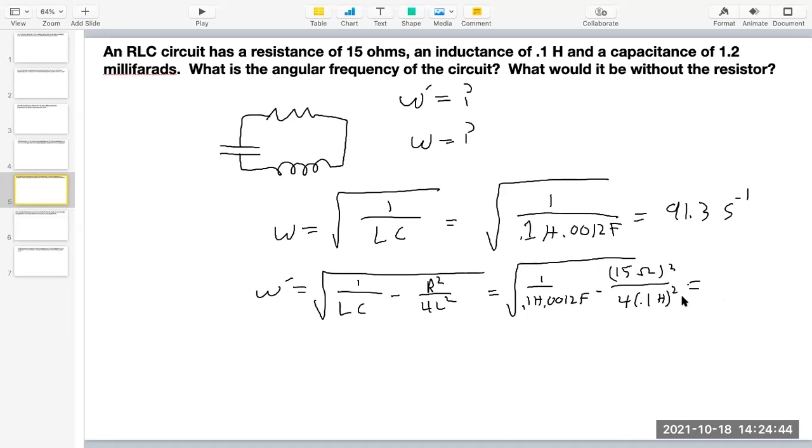I just can't stop writing. So the oscillation gets slower. The frequency goes down with the addition of a resistor. Good on this.